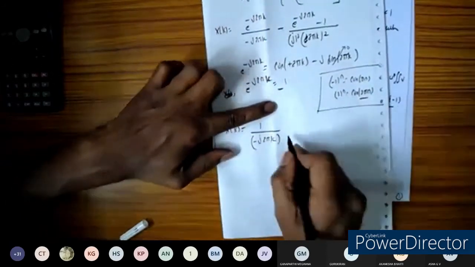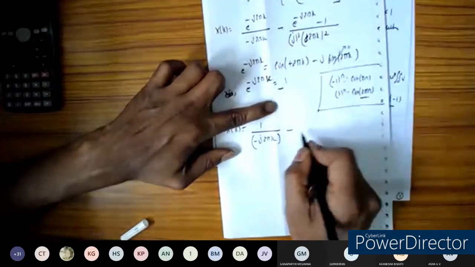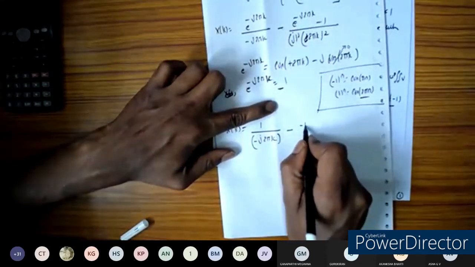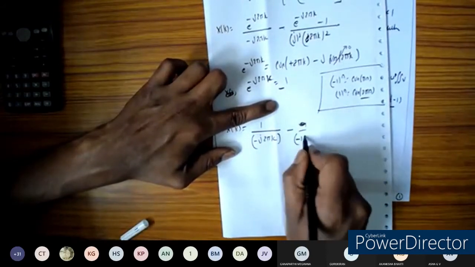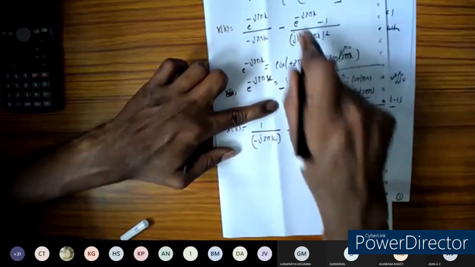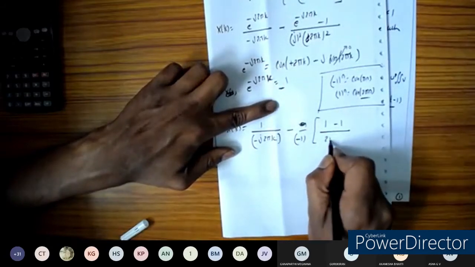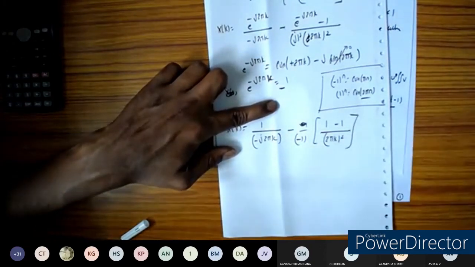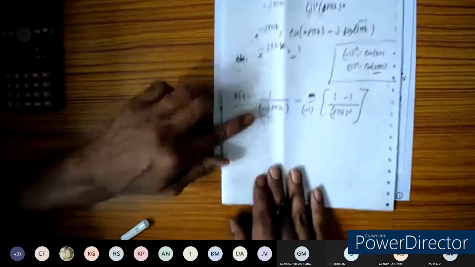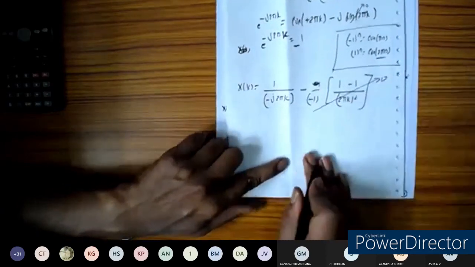Minus j square is nothing but minus 1 here, so I will take minus 1 into e to the power of minus j2 pi k, which is 1, so 1 minus 1 divided by 2 pi k the whole square. So these terms will become equal to 0.